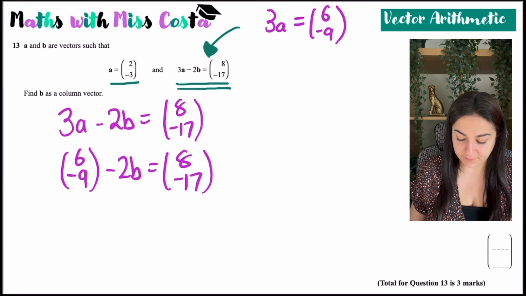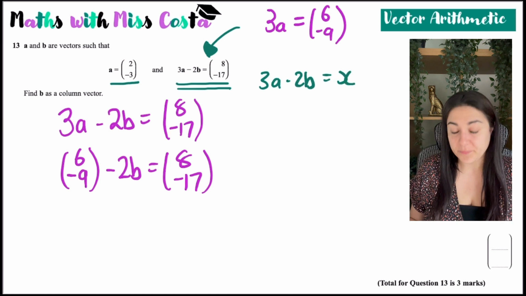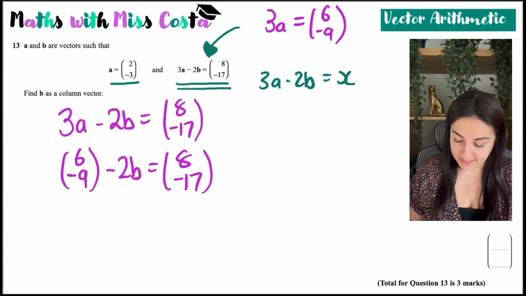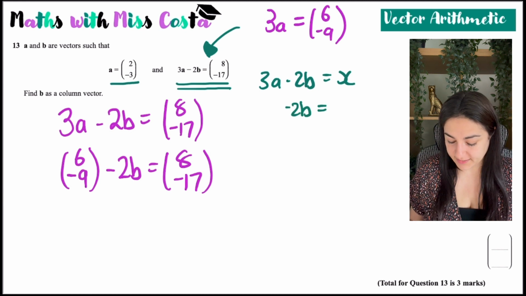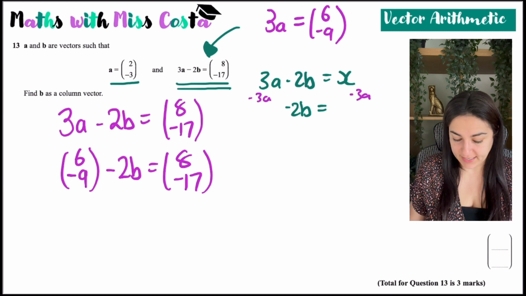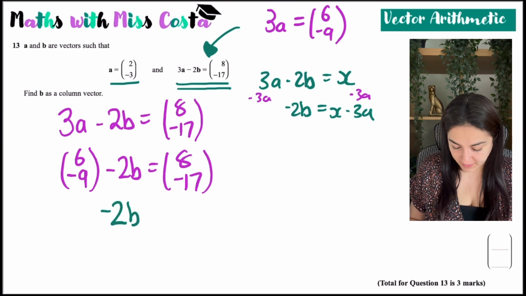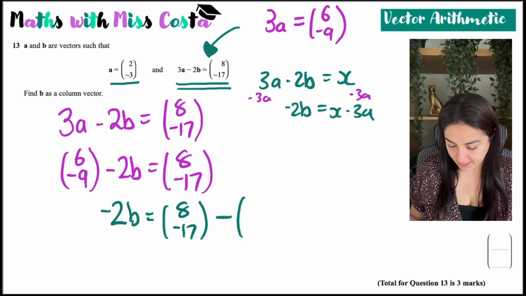Now, just like in algebra, if I had 3A take 2B equals x, I could rearrange it to make negative 2B the subject. What would I do? I would subtract 3A from both sides. So similarly, I'm going to do that except with vectors. So minus 2B equals (8, -17) take away (6, -9).